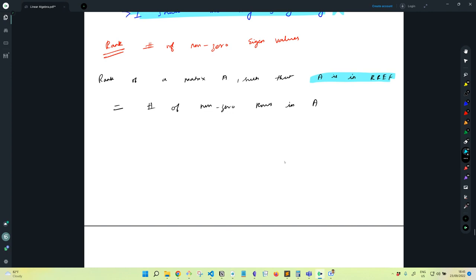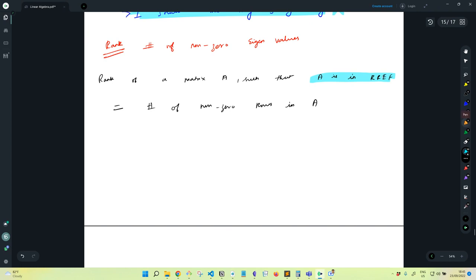For an arbitrary matrix, you cannot claim rank to be the number of non-zero rows. Is the definition of rank clear for RREF matrices?